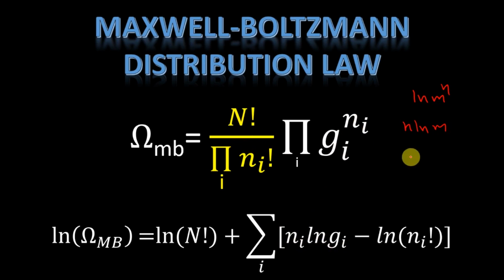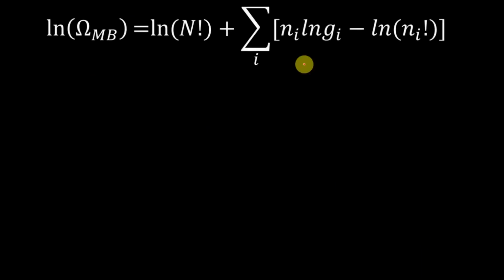This is in divide, so we know that log of m divided by n is log of m minus log of n. So in here we have a minus sign because of that, and log of n_i factorial. In here this also changes to summation, but we take that summation common, and in here this thing is in brackets. Okay, so now after taking logarithm we have this thing.